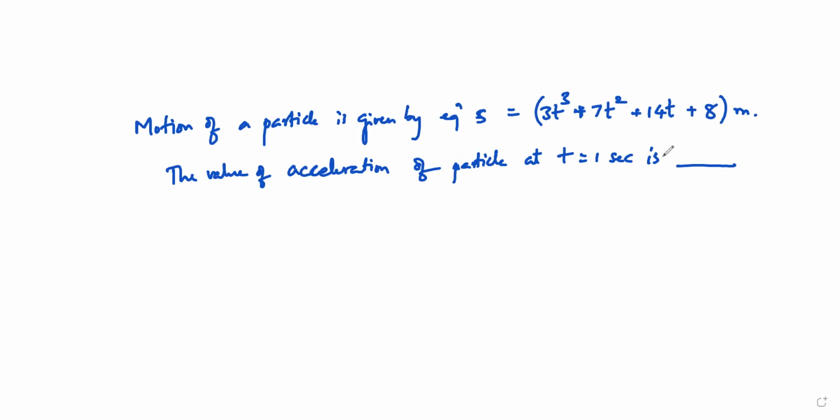First of all, we have S. V is equal to ds by dt. Acceleration is equal to d square S by dt square. So I want to find acceleration at t equals to 1. Correct, sir? 2000 IIT questions.